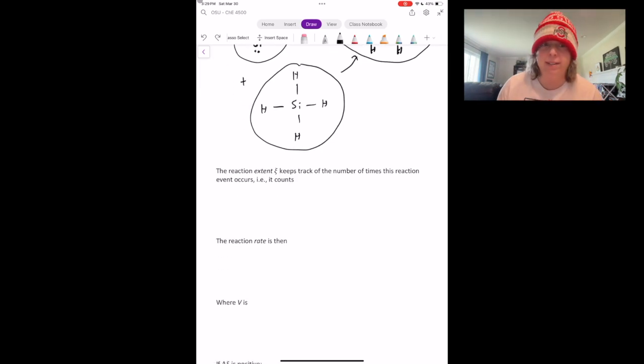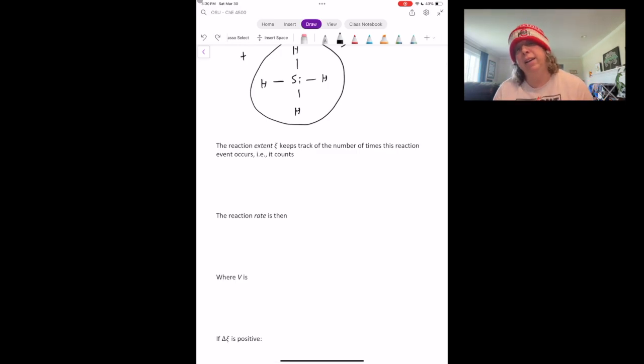So what it's doing is it's counting the number of times an SiH4 molecule combines with an SiH2 molecule and forms an Si2H6 molecule.